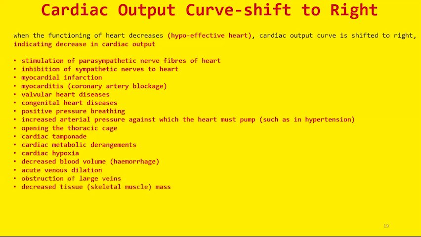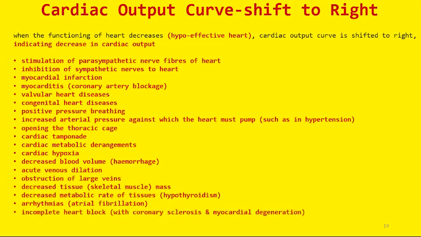So these are the factors that decrease the cardiac output, right? So whenever there is decrease in the cardiac output, such functioning of the heart will be labeled as hypoeffective heart. And whenever there is hypoeffective heart, the cardiac output curve will shift to the right.